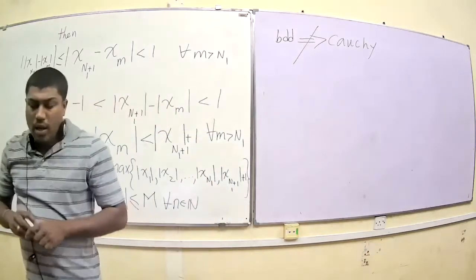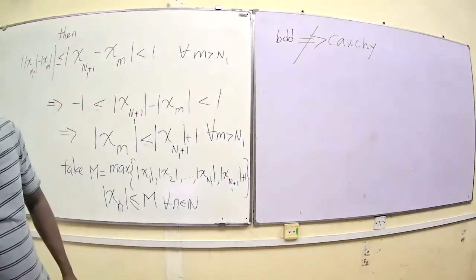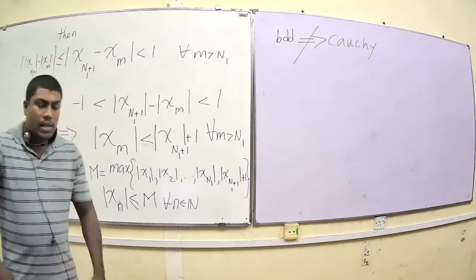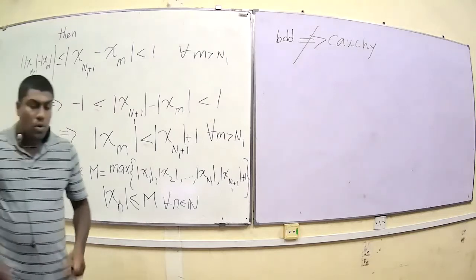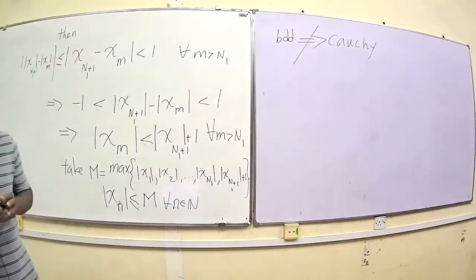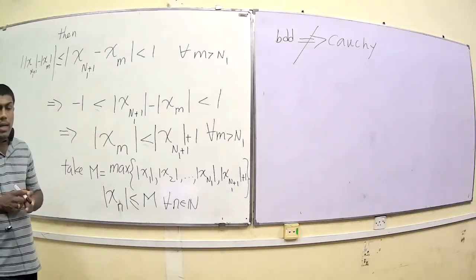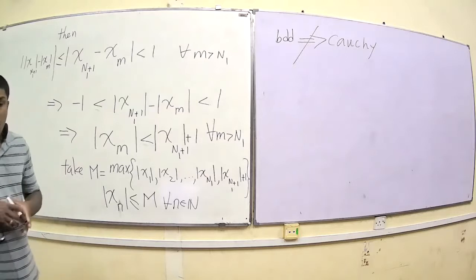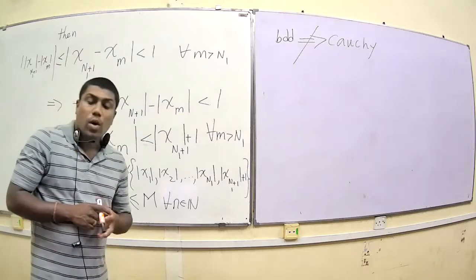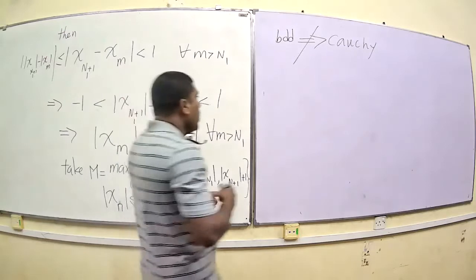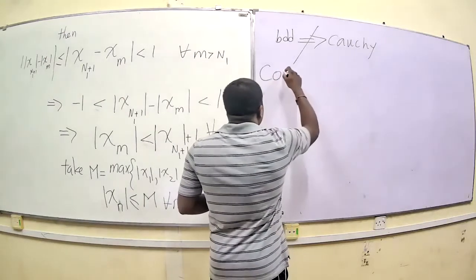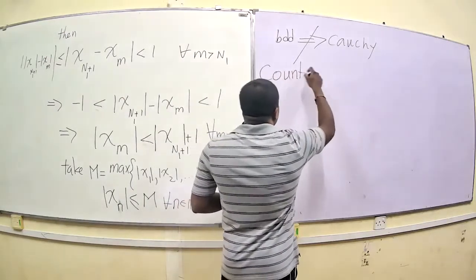Bounded cannot imply Cauchy. So that is the converse of this result, and the converse is not true. So you have to give an example, a sequence which is bounded but not Cauchy. Right? So let me give you an example. I call it a counterexample.